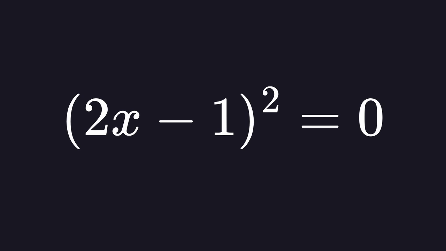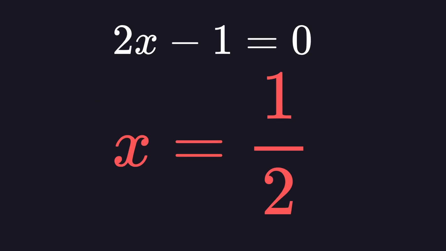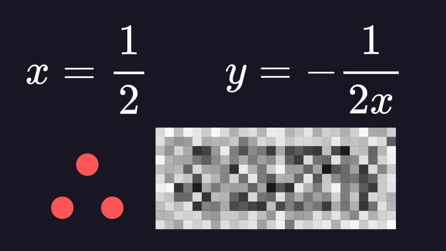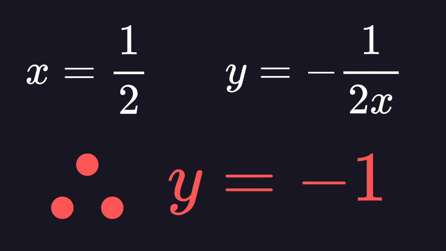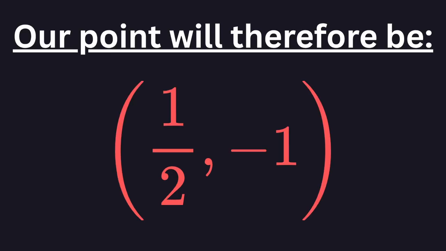And so solving for x just becomes an easy case of saying 2x minus 1 equals 0, which means x is equal to a half. And so if x equals a half and y is equal to negative 1 over 2x, that must mean that y is equal to negative 1. And so therefore our point is going to be a half, negative 1.